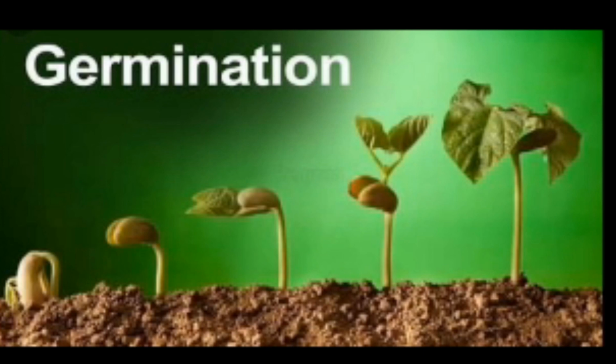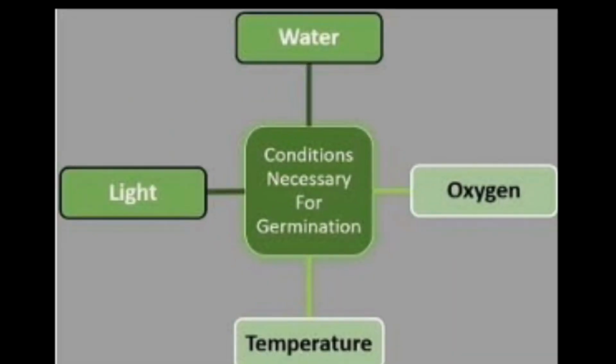Now, what are these conditions? These conditions are the presence of air, light, warmth and an optimum amount of water. So the necessary conditions for germination are water, air, which we can also call oxygen, temperature, or warmth, and light.